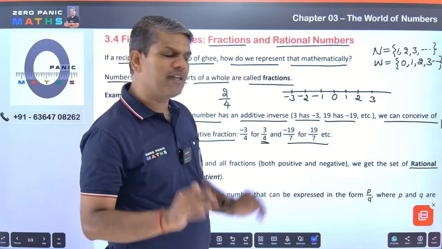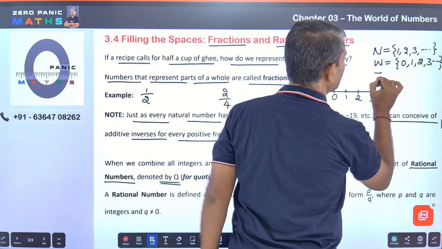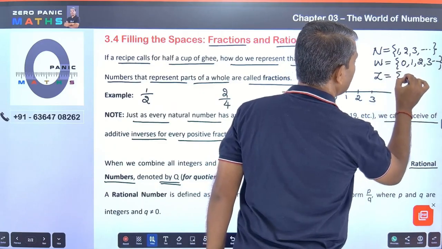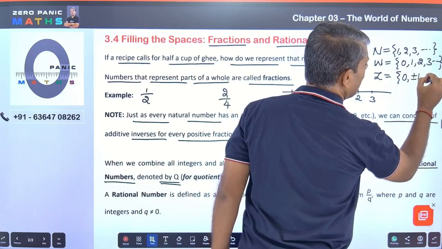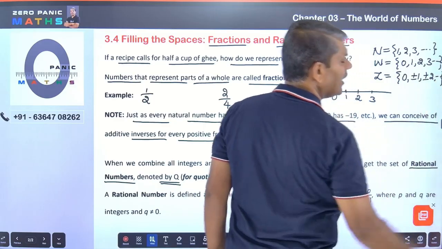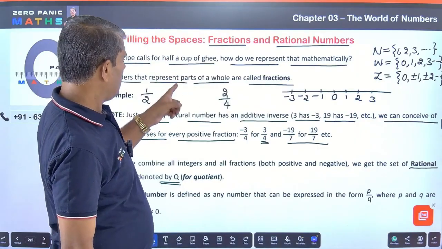And then we went to integers, represented by Z. Integers will have 0, plus 1 and minus 1, plus 2 and minus 2, and so on. These are integers.